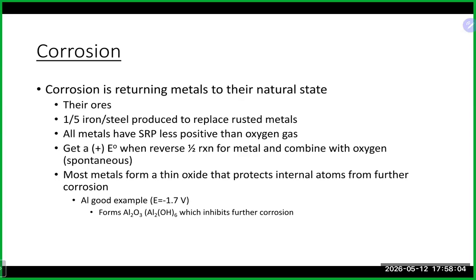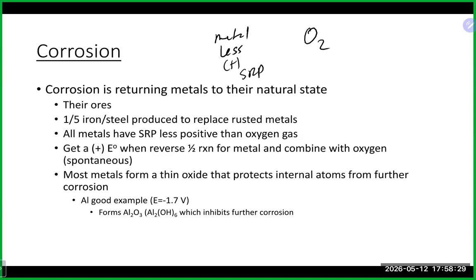A fifth of steel is produced to replace rusted metals. All metals that have an SRP value, that standard reduction potential which you find in that table, you look up those E values, that are less positive than oxygen are susceptible to corrosion.